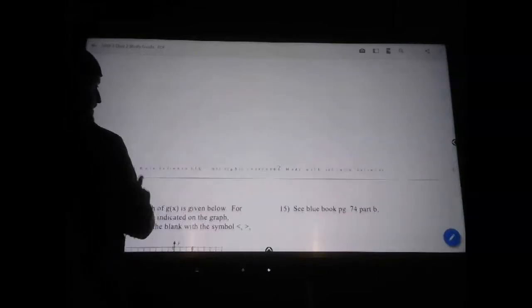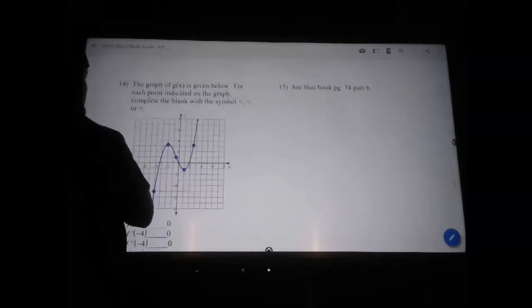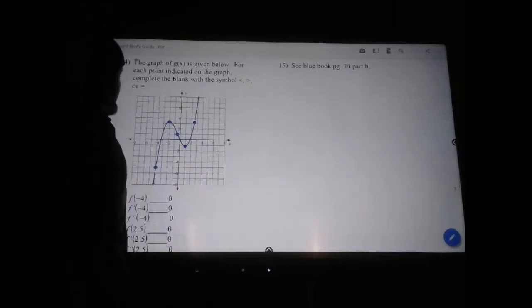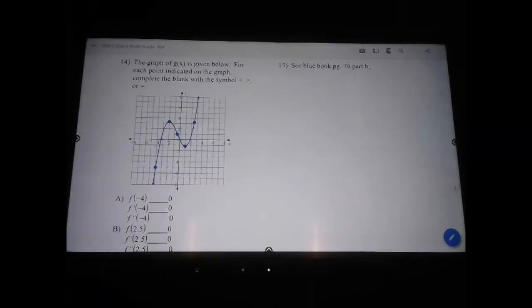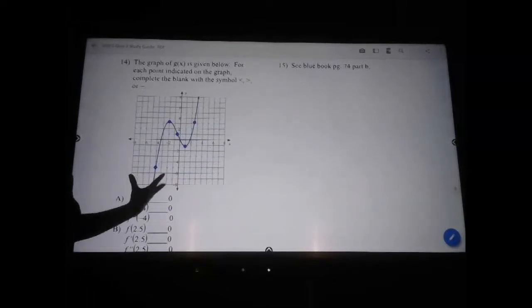Let's take a look at another one here. The graph of g of x is given below. Now this is a graph of g. This is not a graph of g prime. This is just a graph of g, so we're looking at the original function itself.